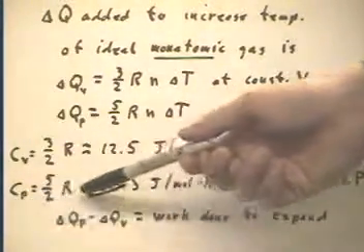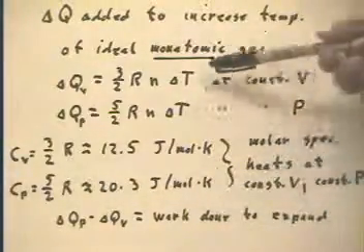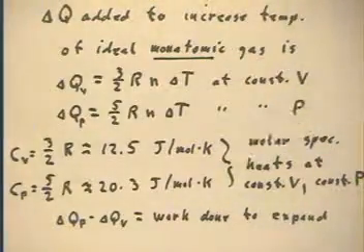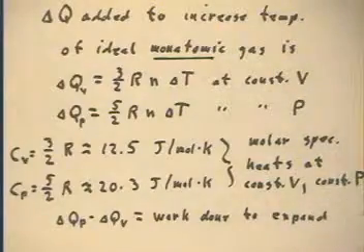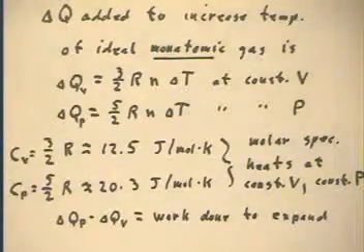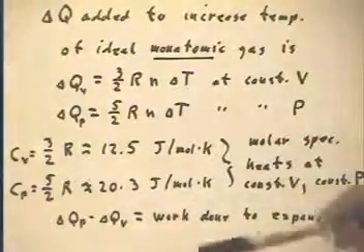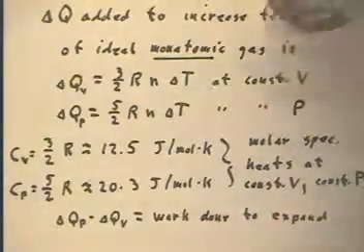At constant pressure, it turns out to be 20.3 joules per mole Kelvin, again for an ideal monatomic gas. Remember that what we have in our system is a diatomic gas, and we'll have to deal with that. The difference between the delta QP and delta QV again is the work done to expand the gas.